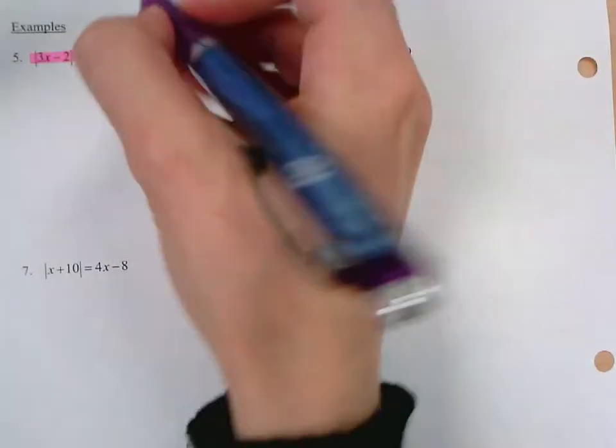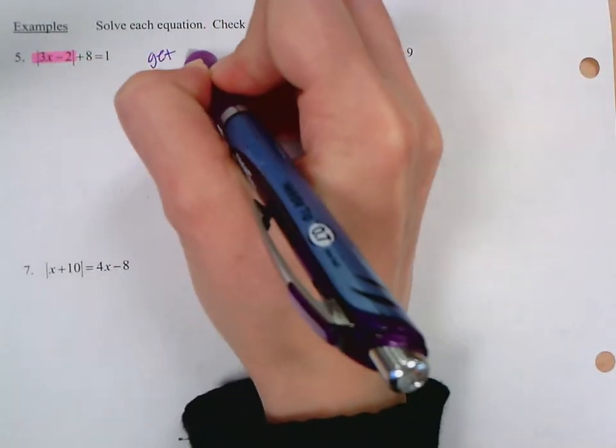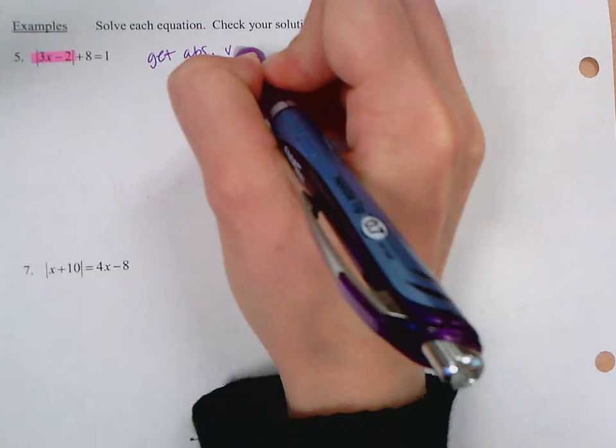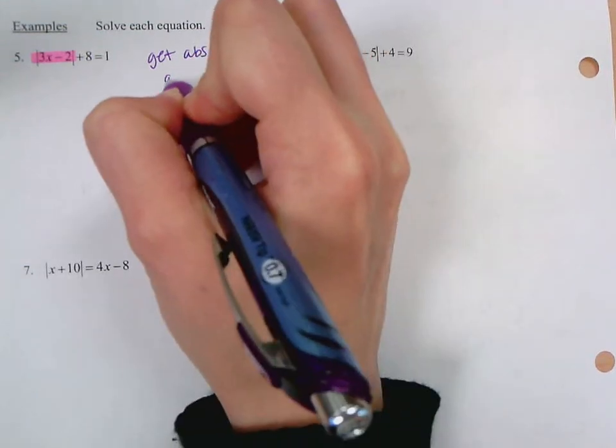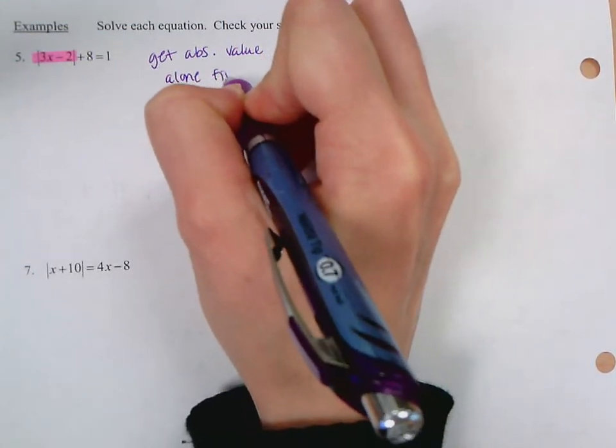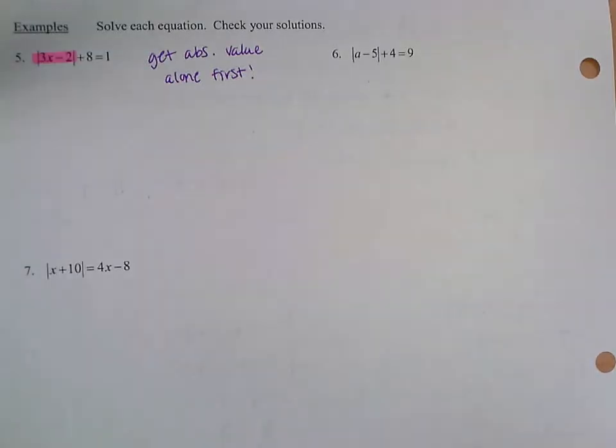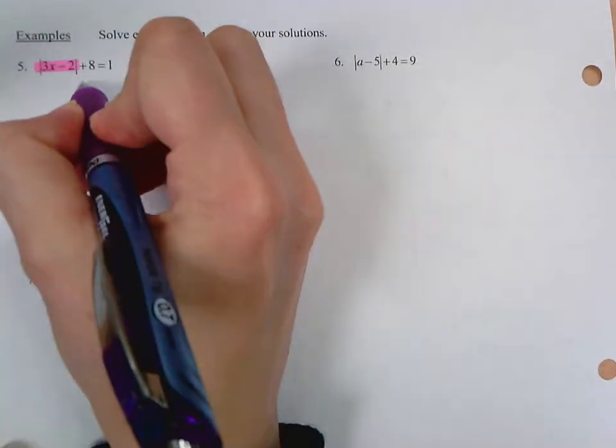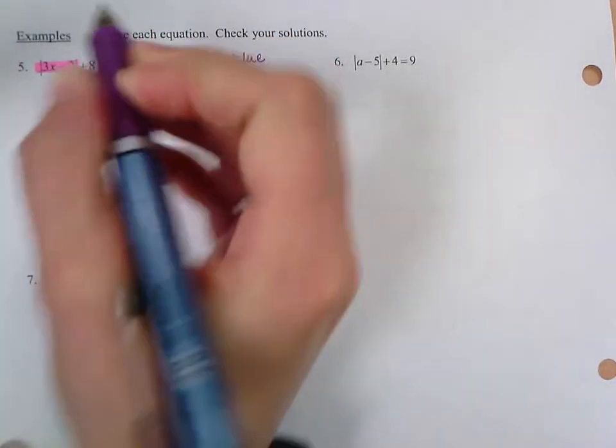You want to make that note to yourself, get absolute value alone first. Before you set up your two cases, the absolute value bars, that expression has to be alone. So I need to get rid of that plus 8, meaning I would subtract 8 from both sides first.